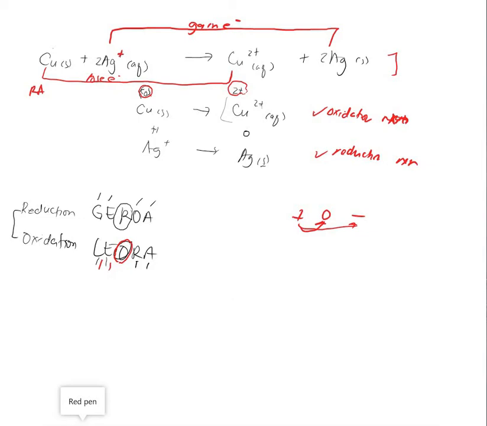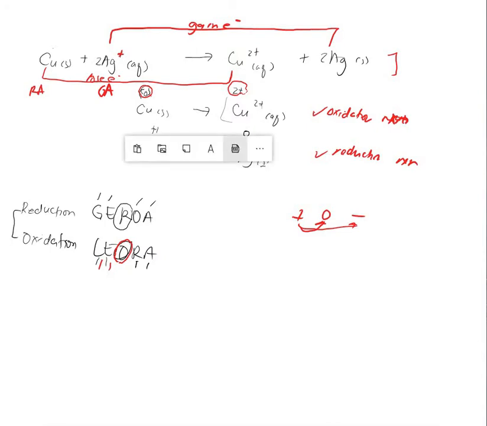From silver ion it became silver solid, so it gained electrons. That means the silver ion here is the oxidizing agent, because silver was reduced, so that is your oxidizing agent.